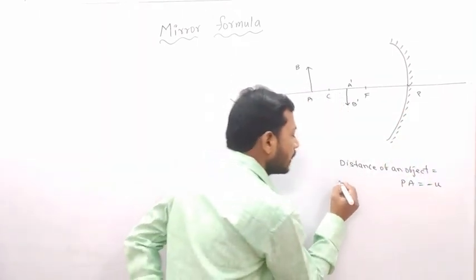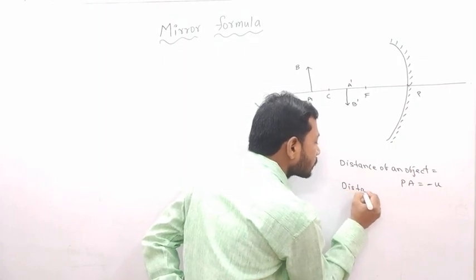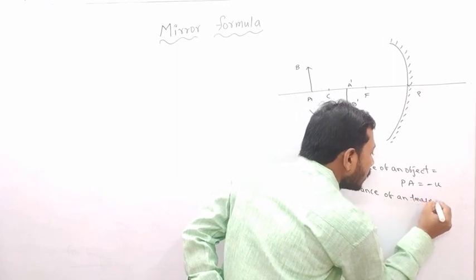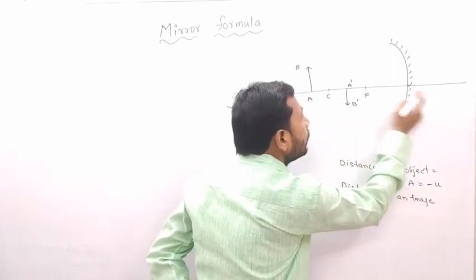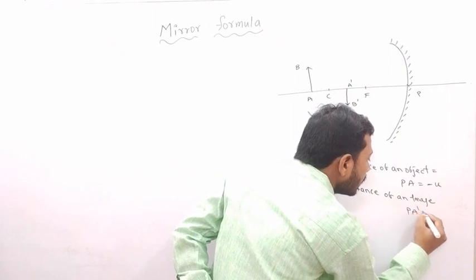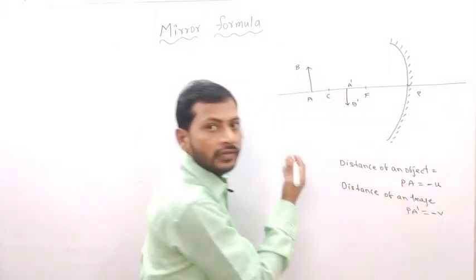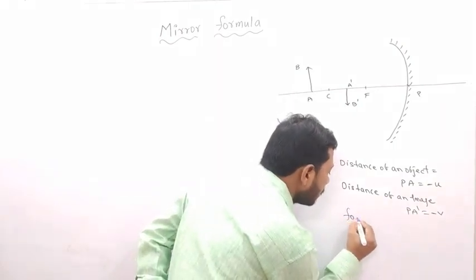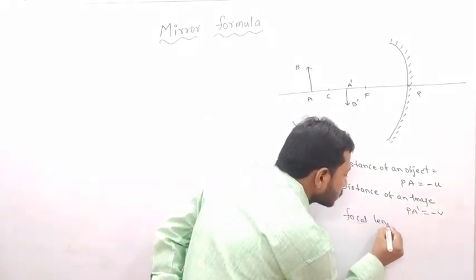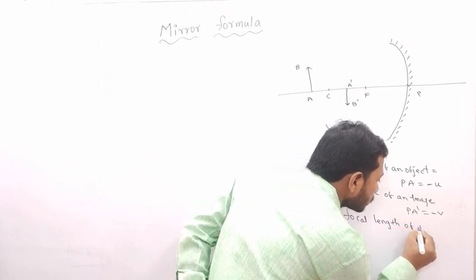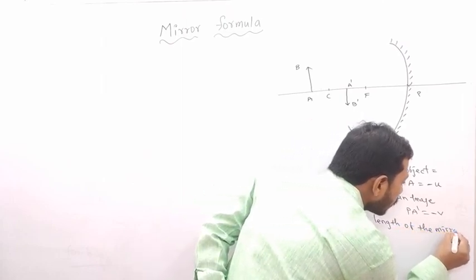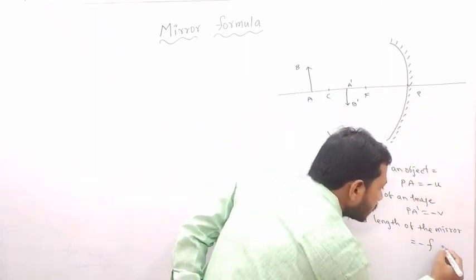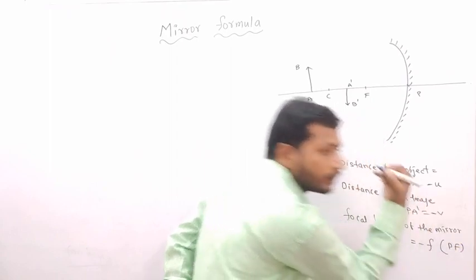Second, I am going to write the distance of an image. What will you write children? Very good, P to A dash, PA dash equals, that is also the left side, so minus v. And the focal length of the mirror equals minus f, which I am writing in the bracket as PF.